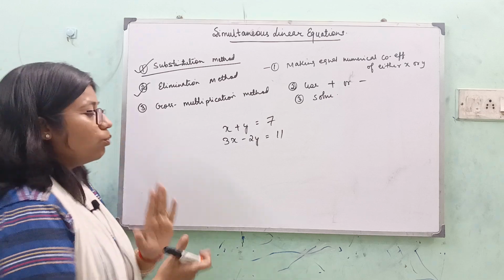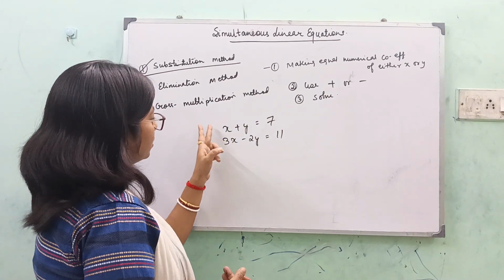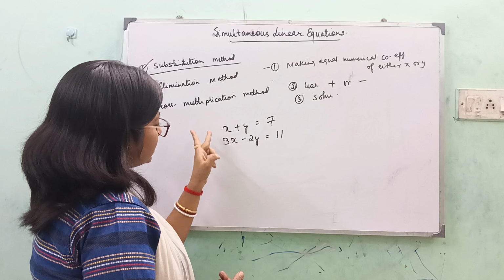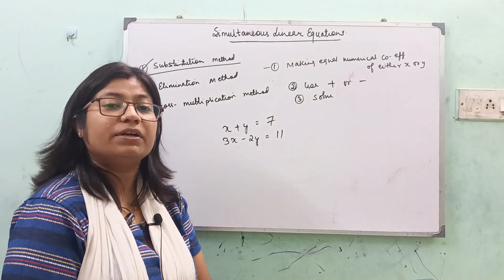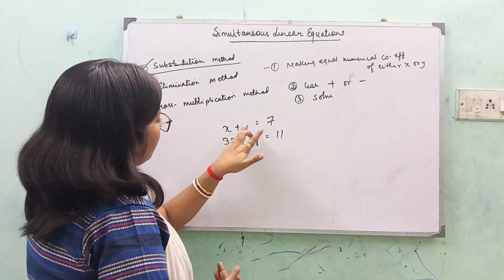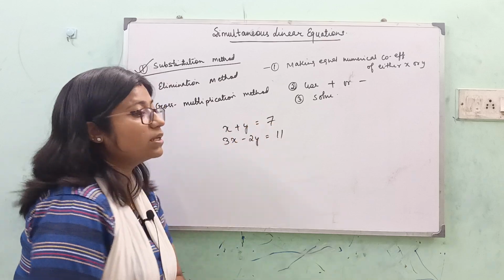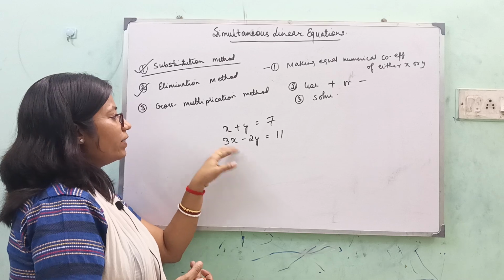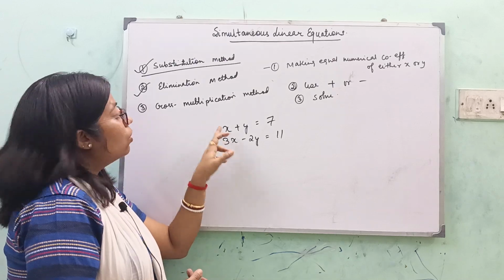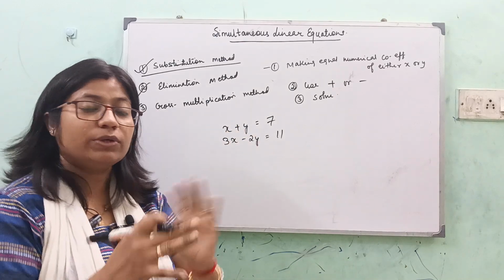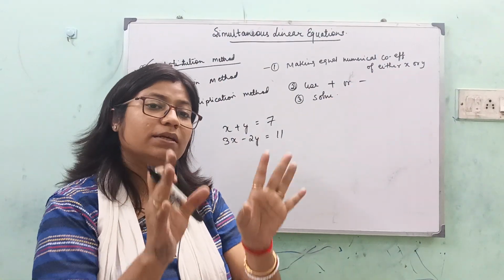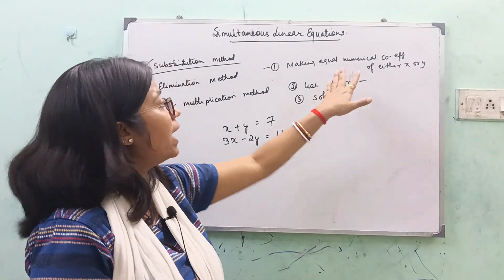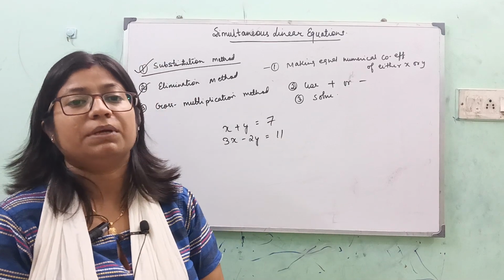So what you can do is either make this x and this x having the same number in front of them, or make this y and this y having the same number in front of them. Since this equation already has 3 in front of x, you can either bring a 3 here or bring a 2 over here. You cannot bring 3 and 2 together, either 3 or 2. Means either of the numerical coefficients has to be made the same.